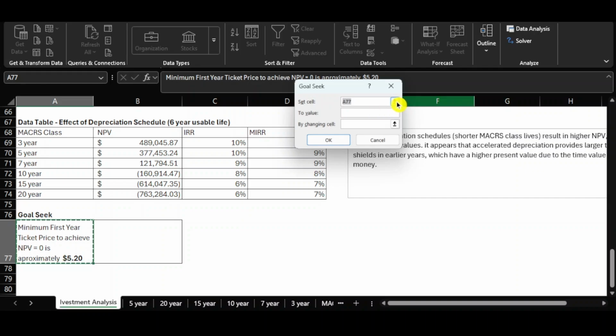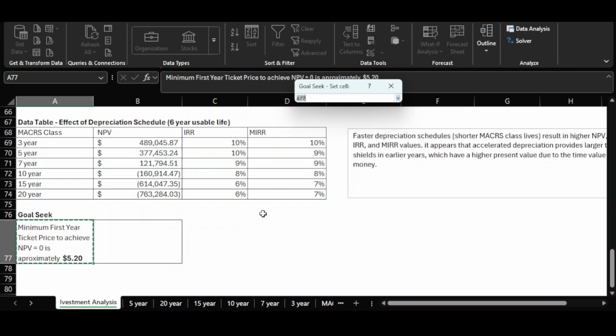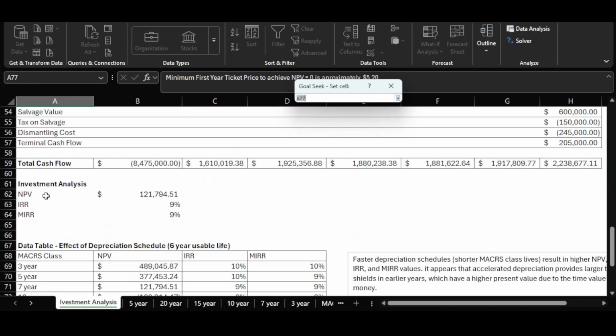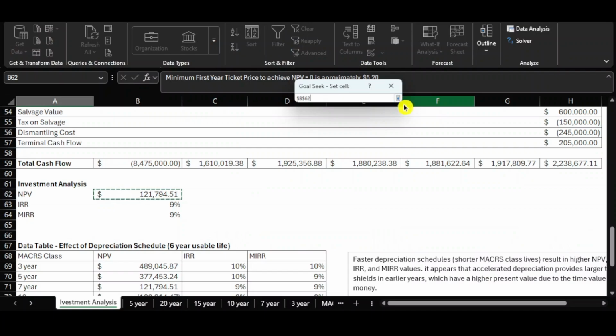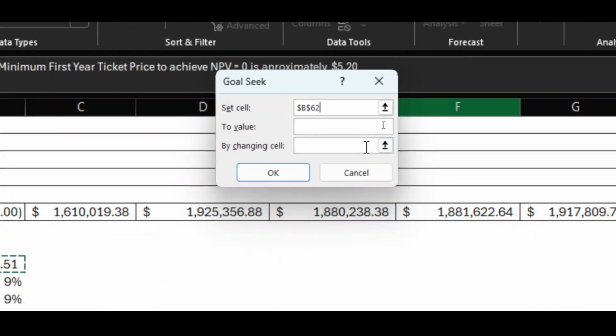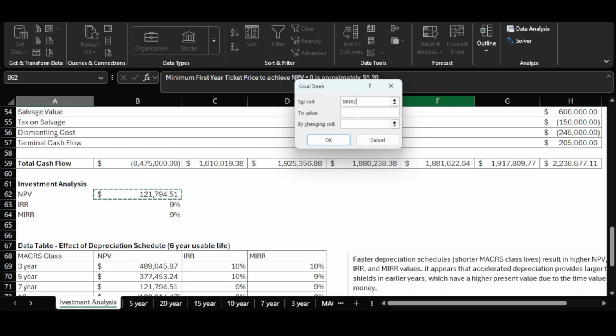So you click on this button here so that you can point to which cell the NPV is in. The NPV of the analysis is in cell B62. So I select B62 by simply clicking on that cell, and I click back on the expand button. Now Excel's Goal Seek is asking what value to set it to as your goal.